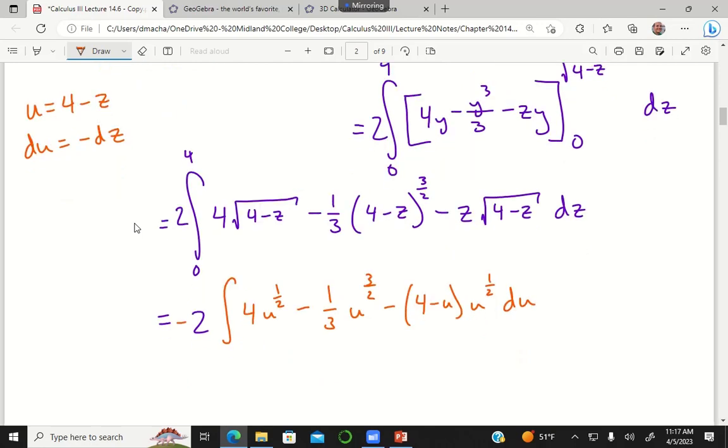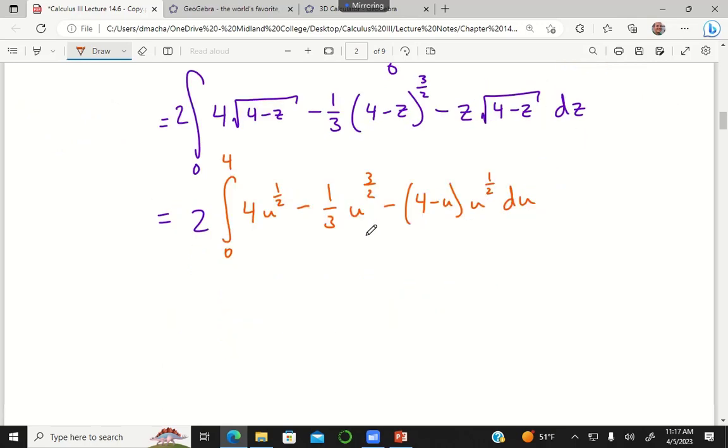My new bounds are going to be 4 minus 0 up to 4 minus 4. Or I could just make this positive and then flip the bounds and then keep it 0 to 4. Right? Because if you change the sign of your integral, you can exchange the upper and lower bounds of integration.